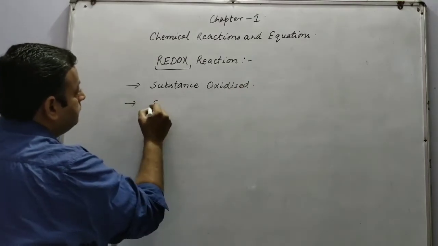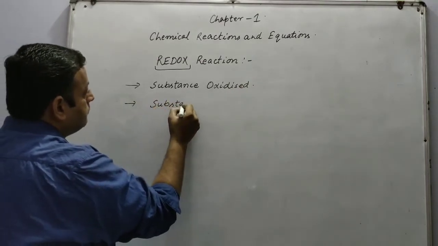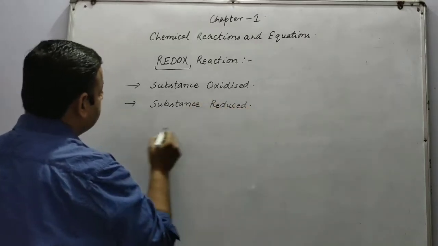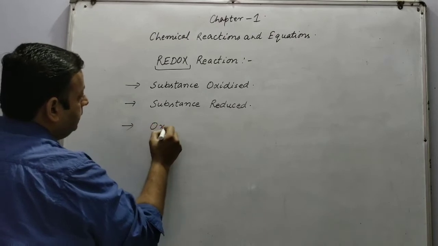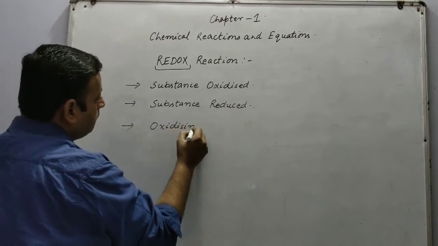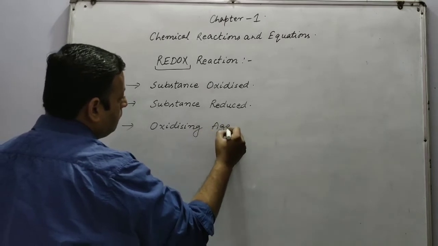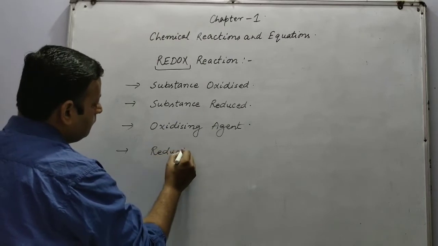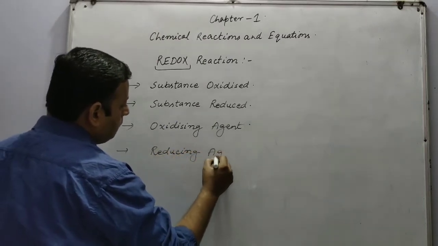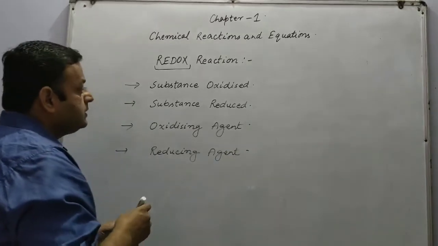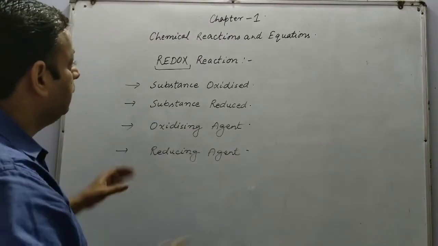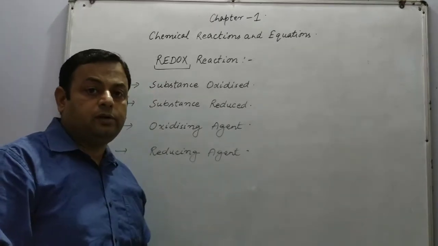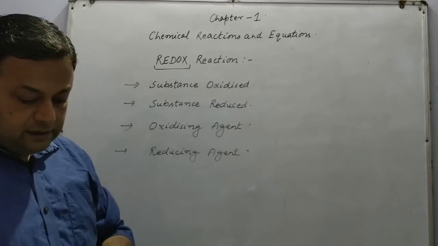Number two, substance reduced. Number three, oxidizing agent. And number four is reducing agent. Now these are the four things that we have to know about the redox reaction. Now let us consider a simple example.